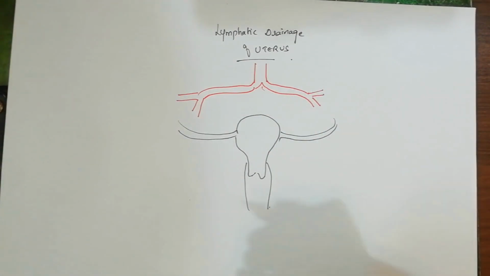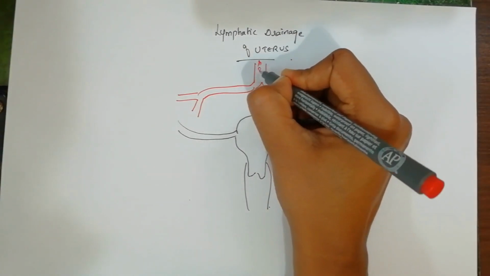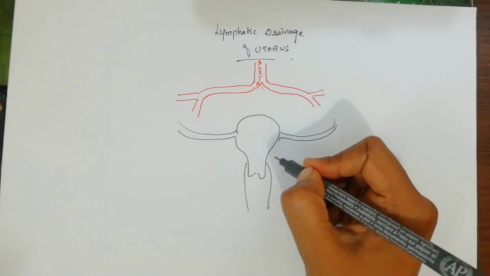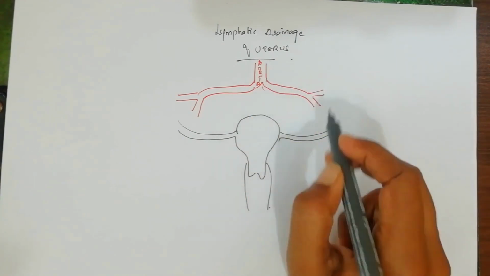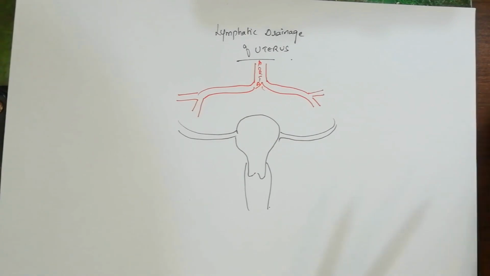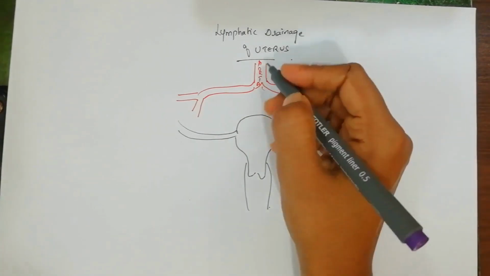So it will be dividing like this. Now we have got our aorta over here. So now we have got some lymph nodes present surrounding this artery and the uterus. Those lymph nodes are in front of the aorta.